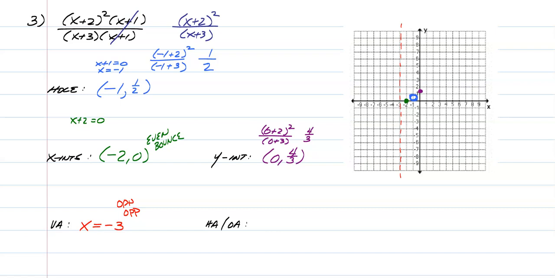This is top heavy, which means you do synthetic division. So what you have to do for this part is take your x plus 2 squared, and you have to FOIL that out, getting x squared plus 4x plus 4, and that's going to give you a 1, 4, 4 that we're going to use synthetic division with.